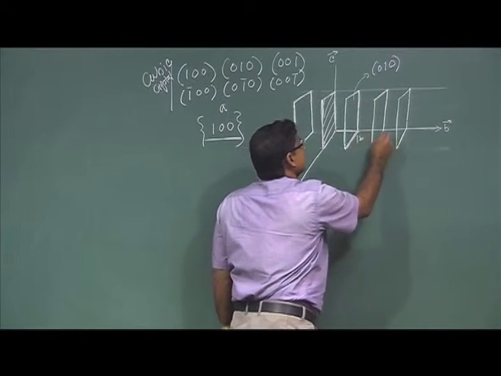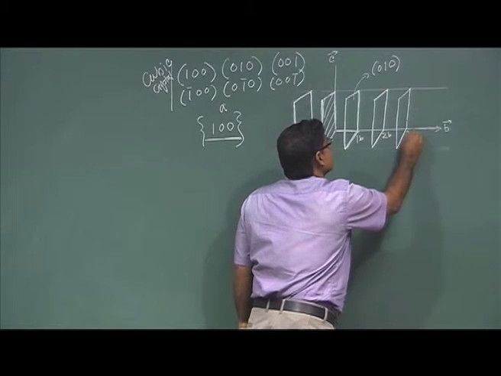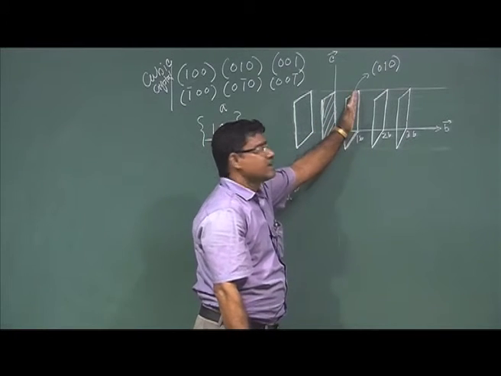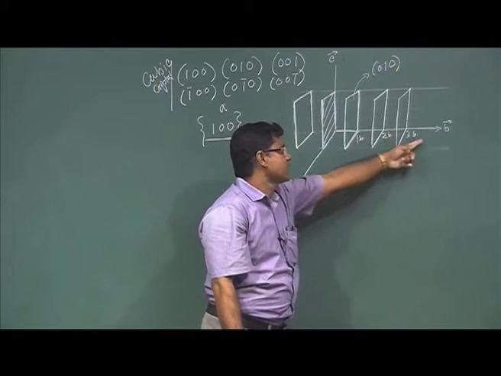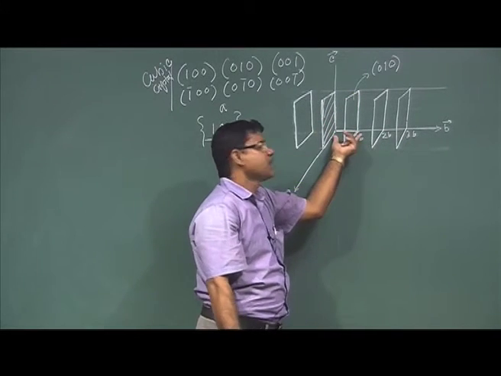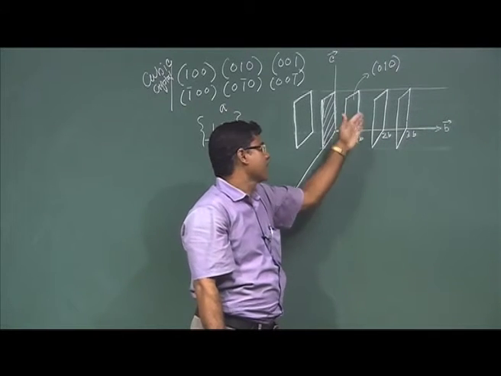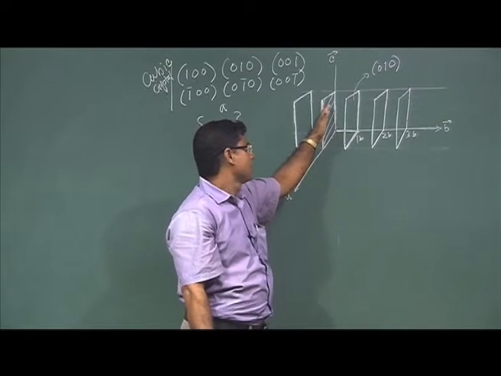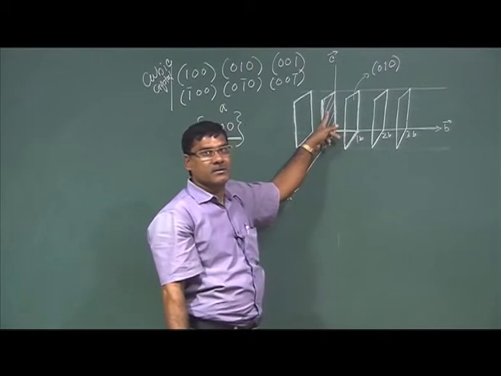If it is 1b, this is 2b, this is 3b, right. So, it will coincide with this plane. So, it is translated along the b axis by 1b. Now whatever the indices of this one, that will be the indices of this one, okay. So, the indices of this one are 0 1 0.